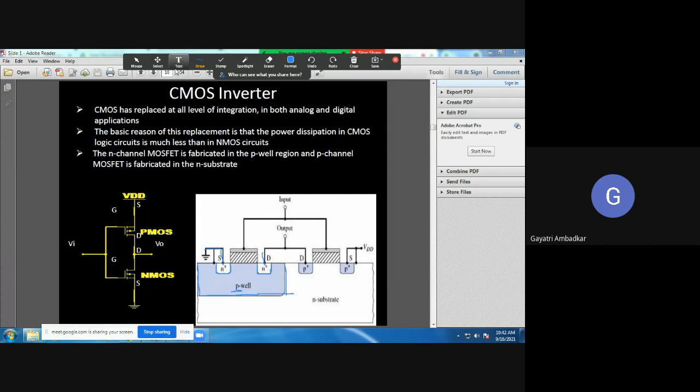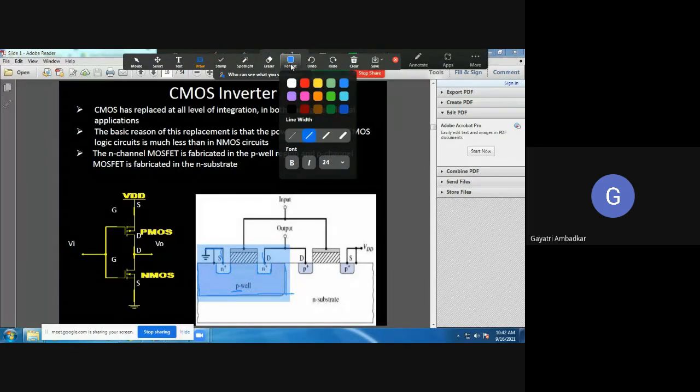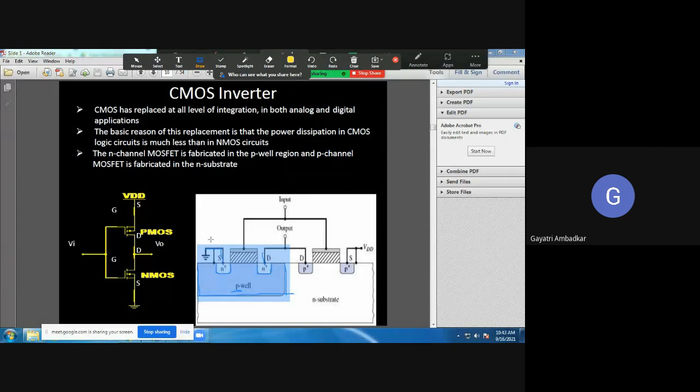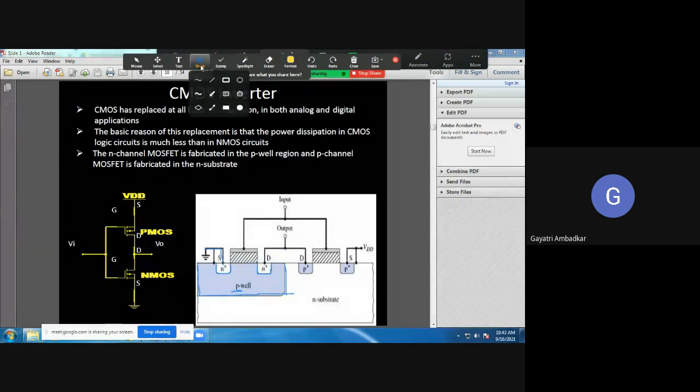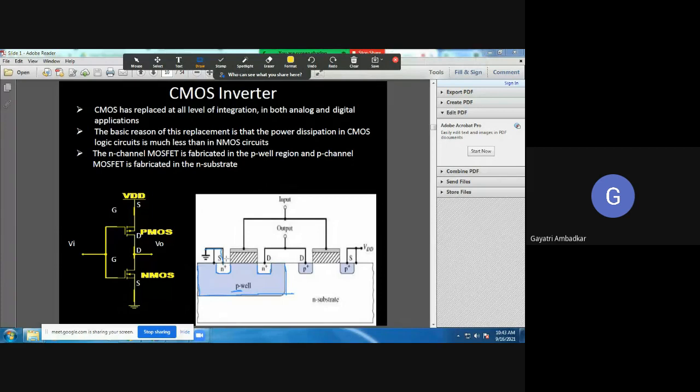Now you just look at this portion. What do you see? Is it your NMOS? Does it look like NMOS?